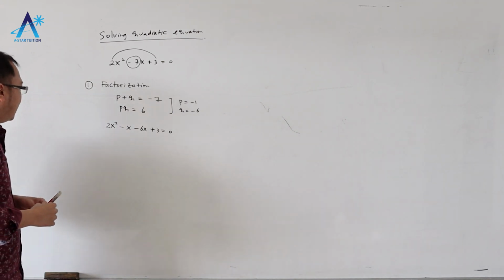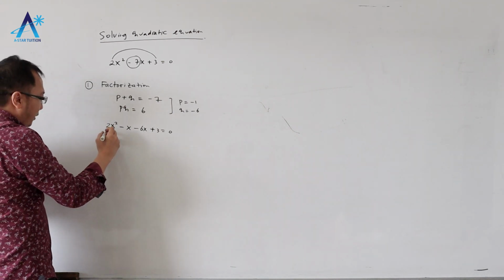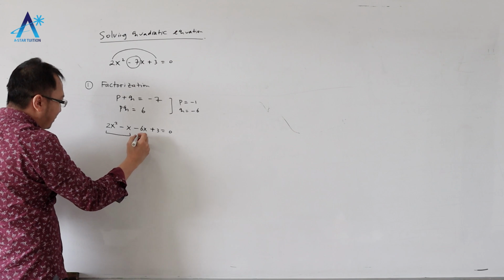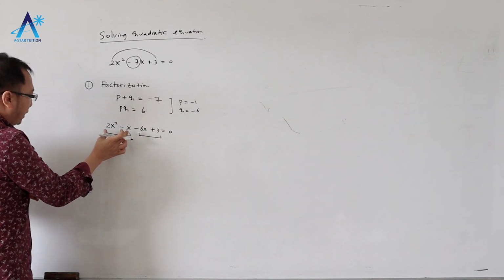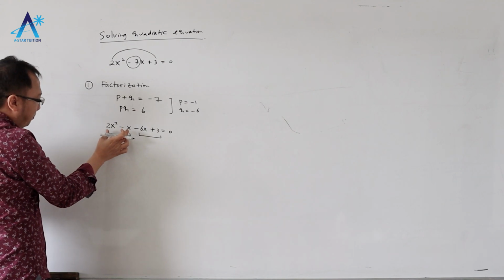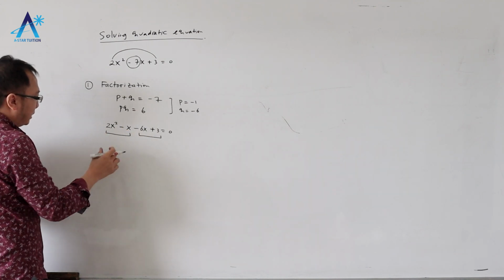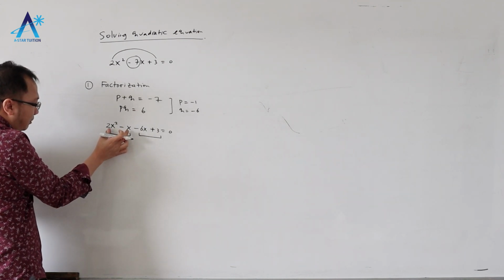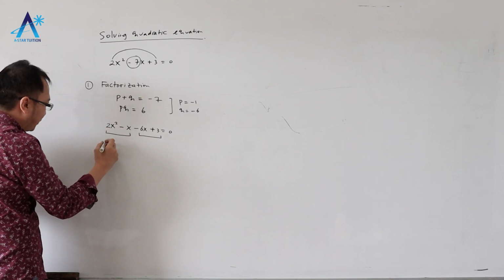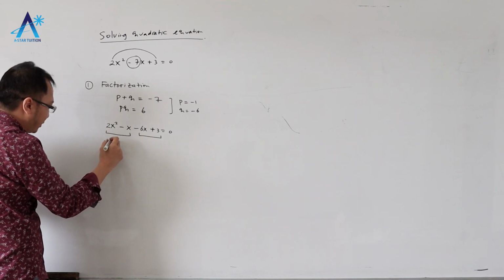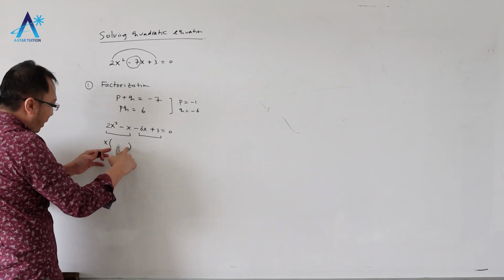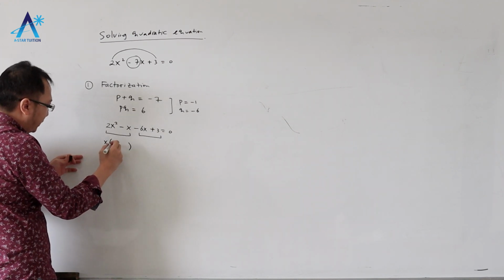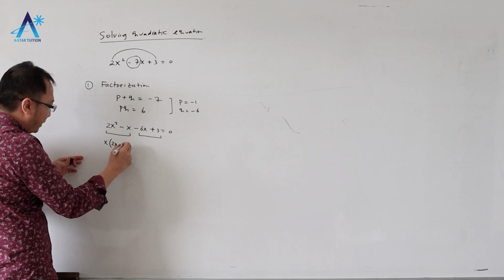Next step is to factorize the first two terms as well as the last two terms here. Now we're going to pull out the common term of the first two terms, which is an x.